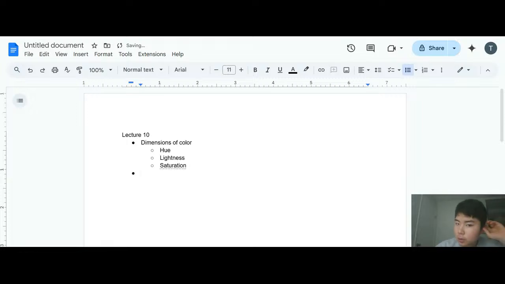Hue, lightness, saturation, HLS. Hue is the wavelength of the light to which the color corresponds. Hue is like wavelengths of light. Yeah, it's quite understandable.